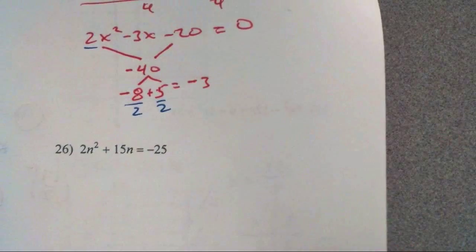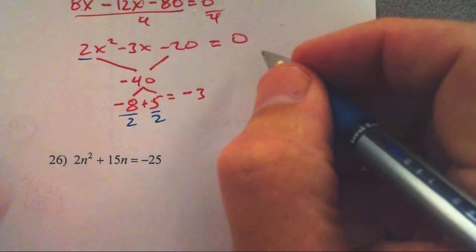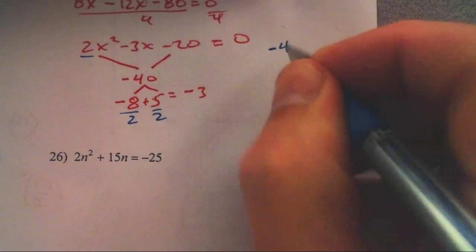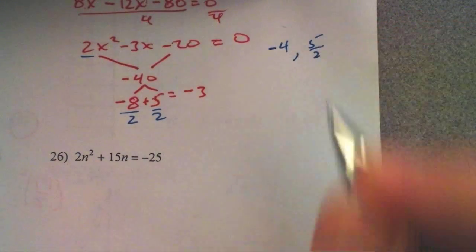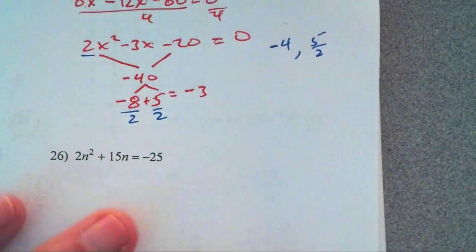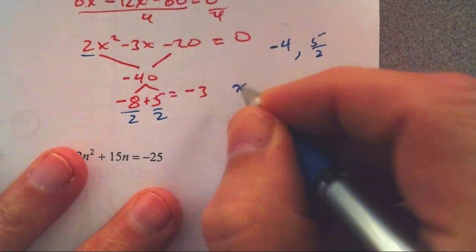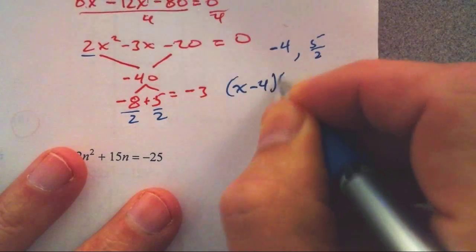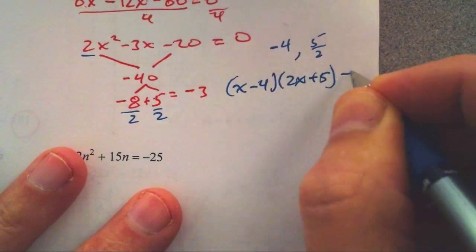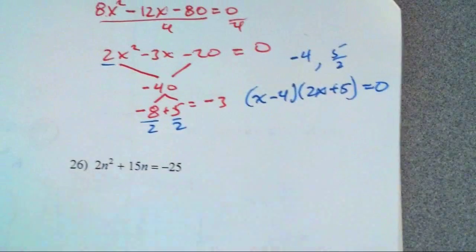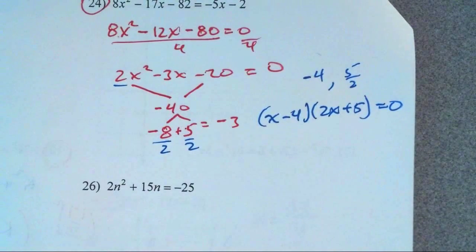My magic numbers right now are negative 4, got to reduce these, and 5/2. So my factors become x minus 4 and 2x plus 5. Those should equal 0. Any questions there?